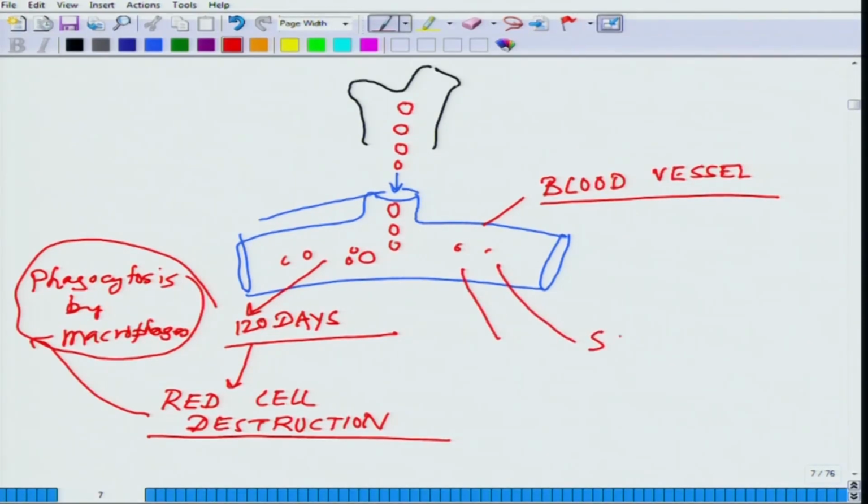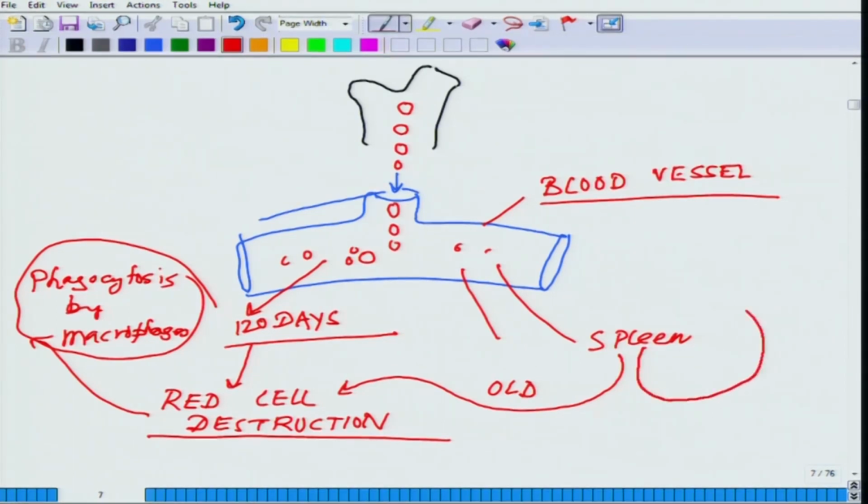they go to the spleen, and in the spleen there is selection: the old ones are phagocytized, and the ones that are not that old are retained and put back into the blood vessels. Okay. In the spleen, a selective destruction process takes place.